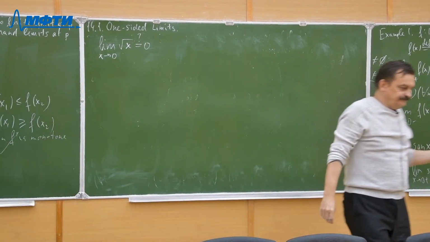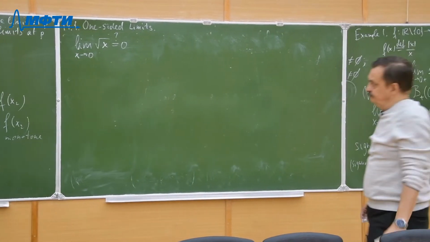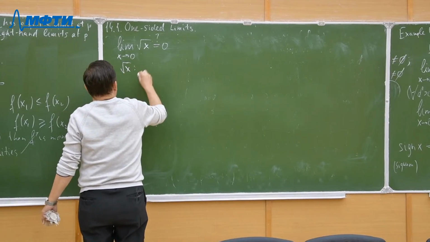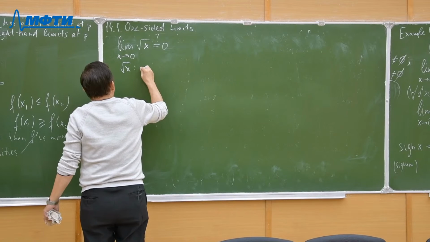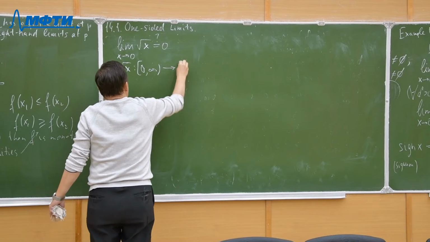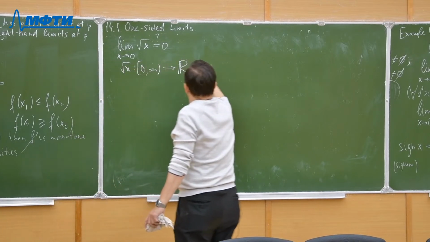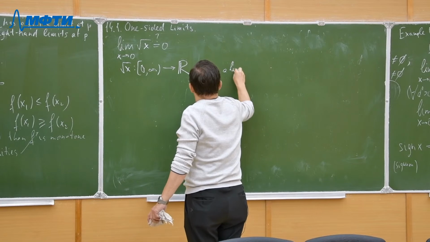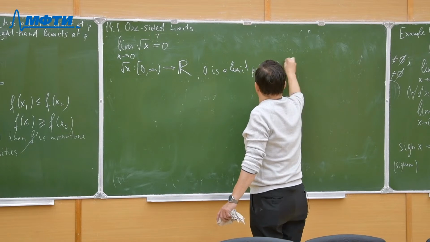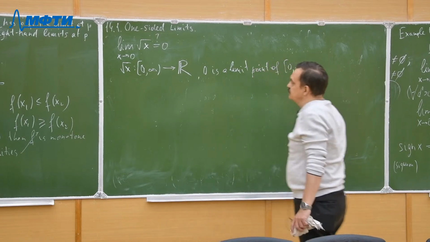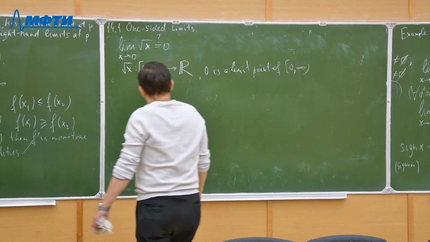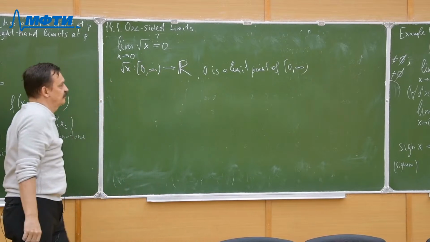Yes, it's true according to our definition, because square root of x is a function from 0 to infinity to R, and 0 is a limit point of 0 to infinity. So according to our definition, that is true.